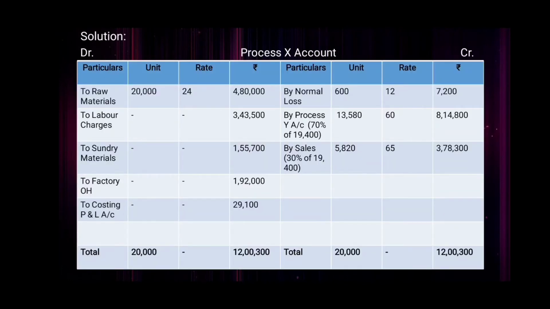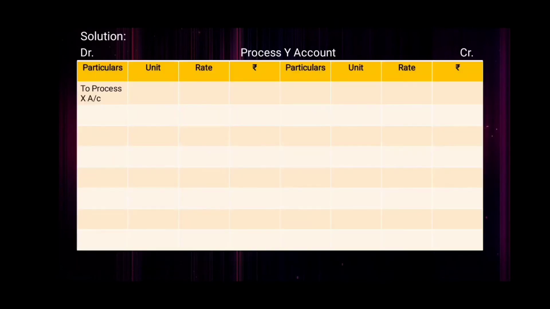So in process X account, the output that is to be transferred to process Y, which is 70%. So the units are 13,580 at the rate of 60. Total amount is 8,14,800. So we'll record it in process Y account.